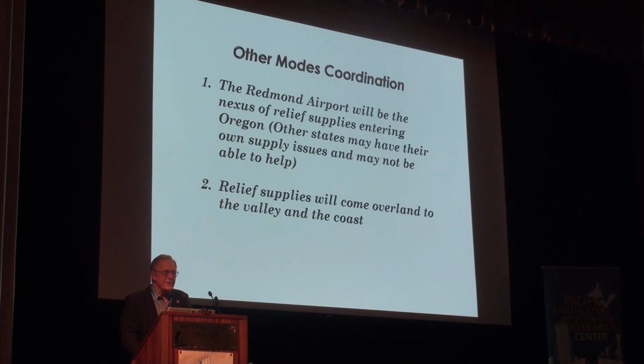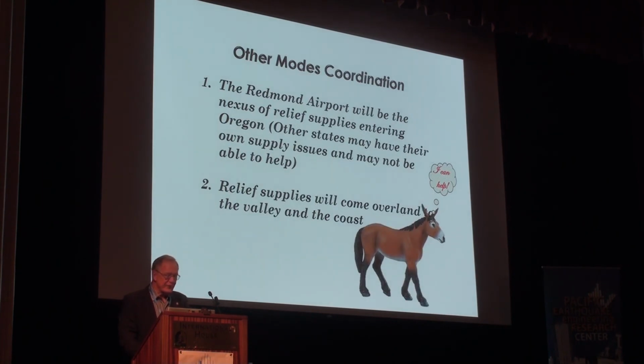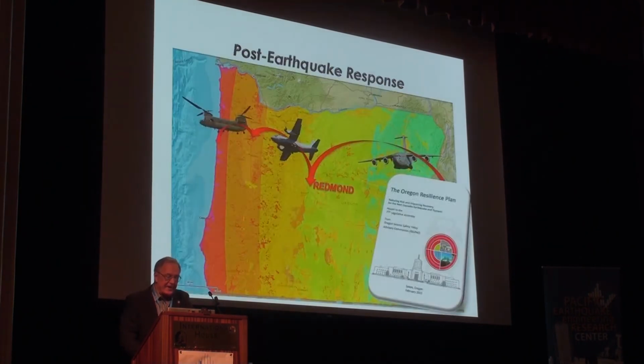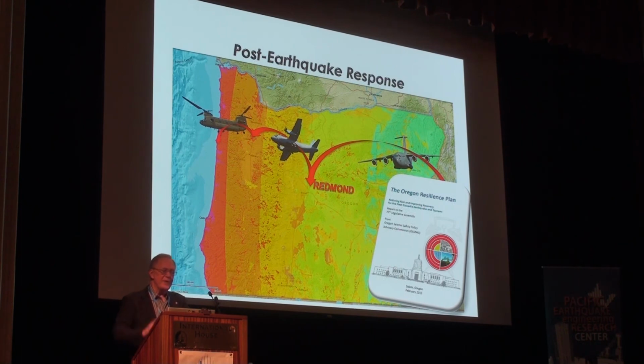So the other thing we recognize is that with the triage approach, we really need to do cross-asset coordination, especially with the other modes. And airports are a big deal for Oregon's resilience plan. It turns out that our Redmond Airport, I don't know if you know Central Oregon, it's up on the high desert.